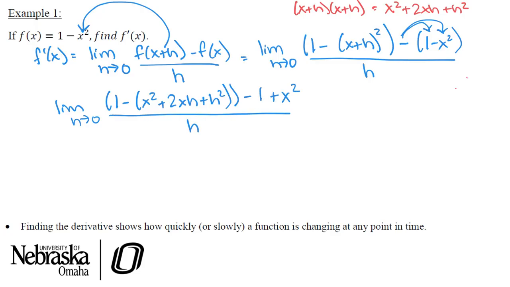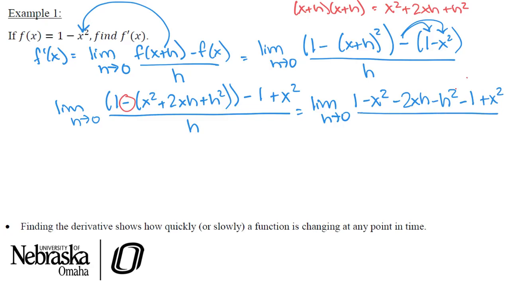For the first term, we still have to distribute that negative out front. As h approaches 0, we must distribute this negative to each term in the parentheses. So we get 1 minus x squared minus 2xh minus h squared minus 1 plus x squared, all divided by h.